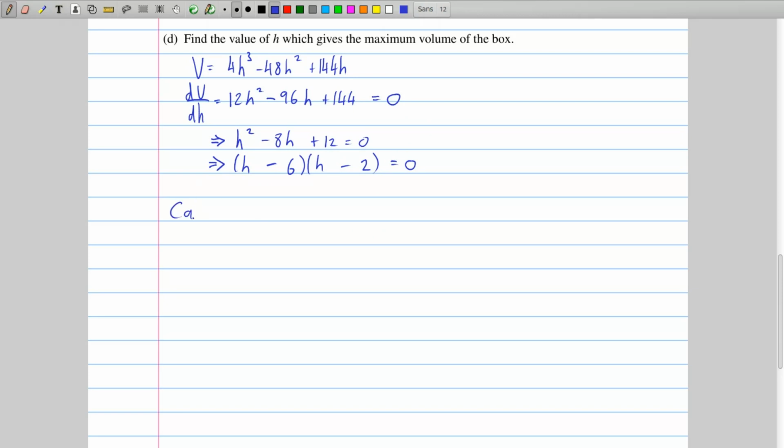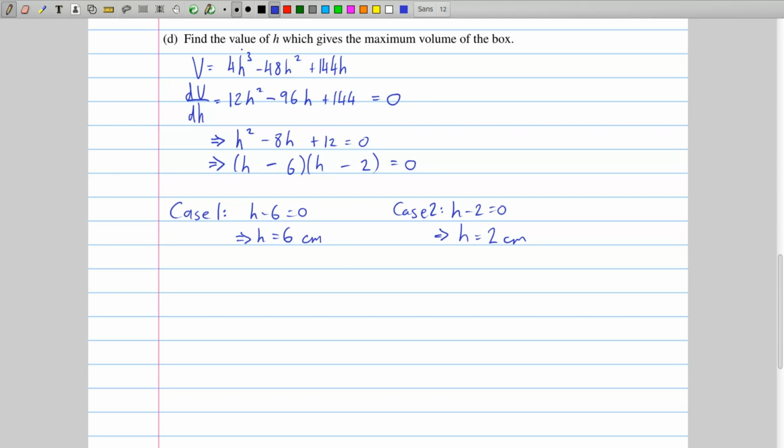And so we have two options. One case is where h minus 6 equals 0, in which case h equals 6. The alternative is where h minus 2 equals 0, the other item in this product, in which case h has to be 2. These are both centimeters.